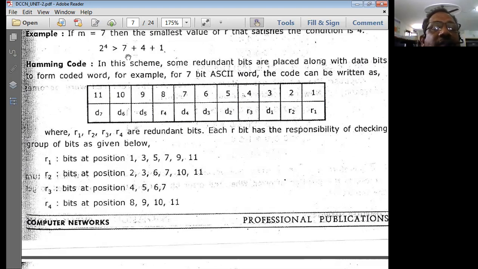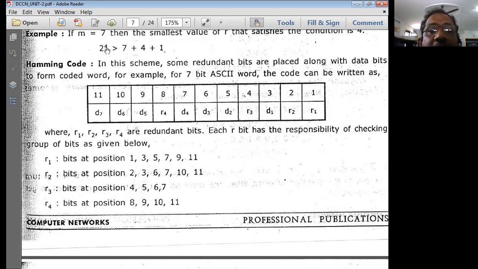So if r is taken as equal to 3, 2 power 3 is 8, minus 1 is going to be 7. So for 7 data bits, we have taken r is equal to 4.